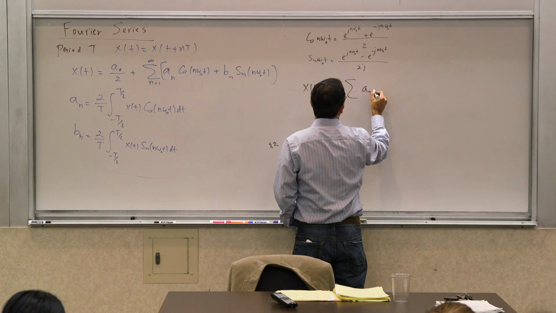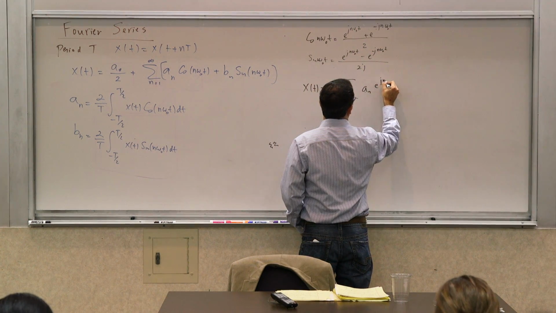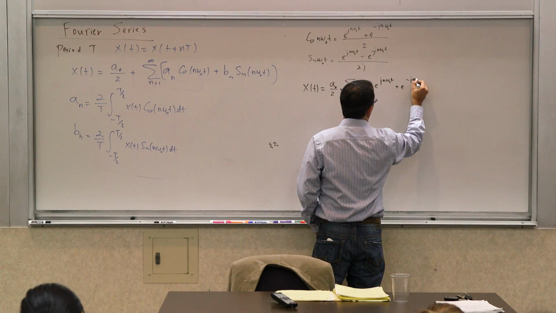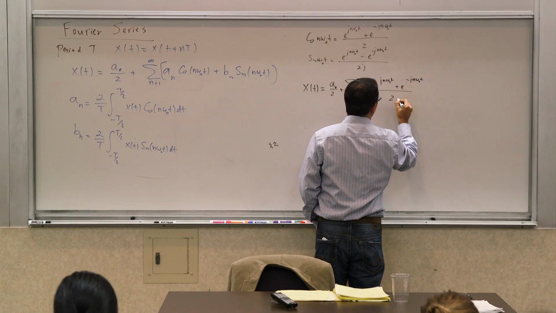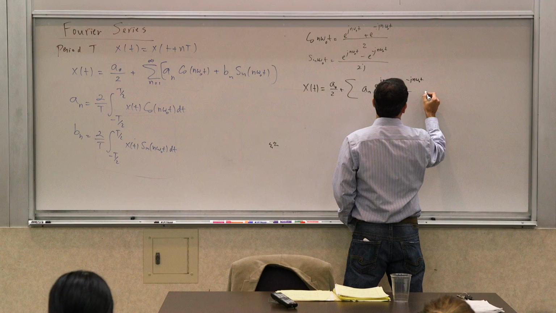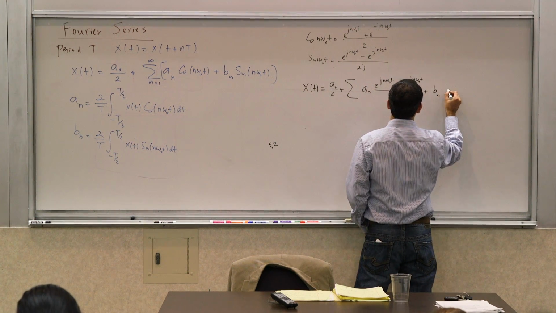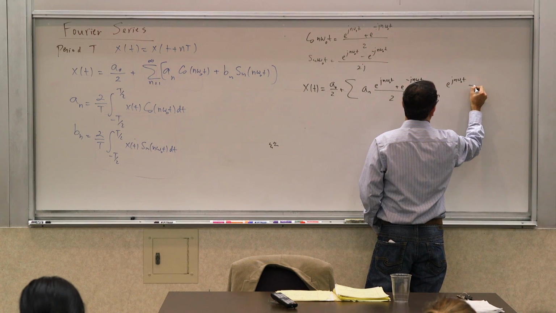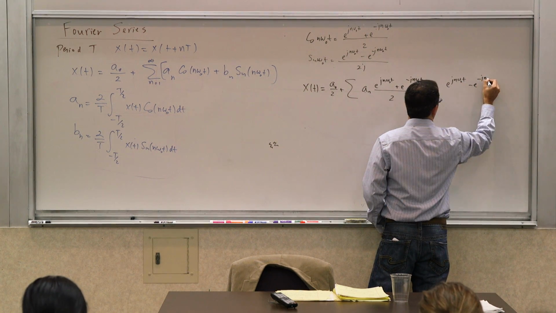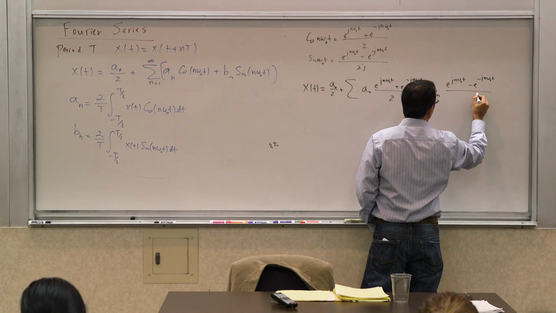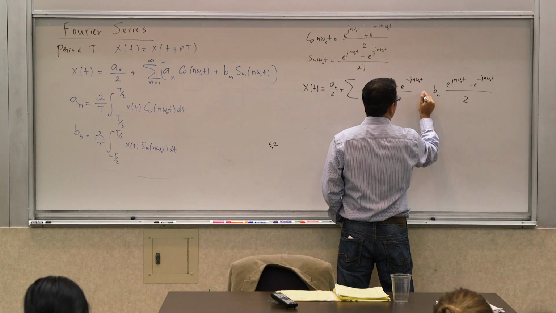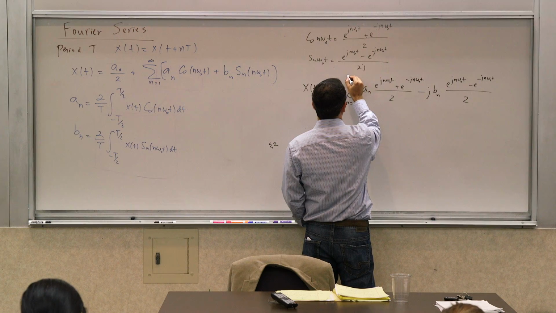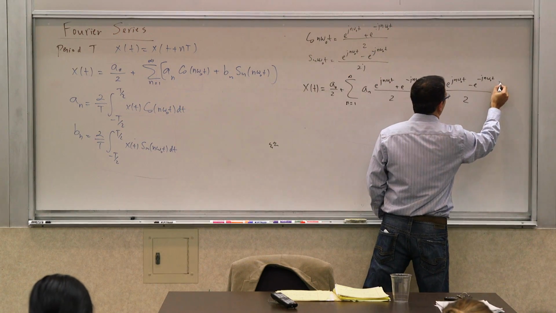So I have an times e to the j n omega naught t plus e to the negative j n omega naught t, over 2, plus bn times e to the j n omega naught t minus e to the negative j n omega naught t, over 2j. I keep the 2, I take the j and put a minus sign in front. So that's the sum from 1 to infinity for this thing.